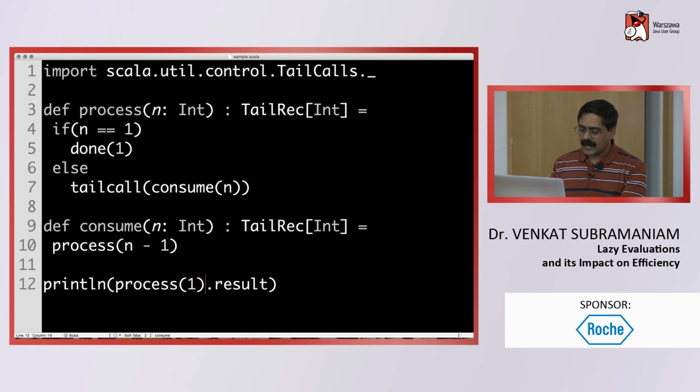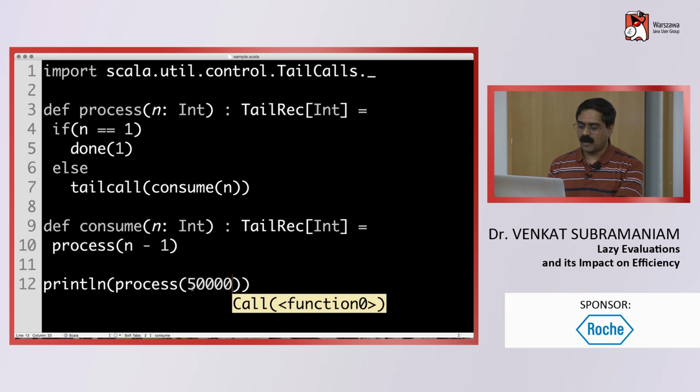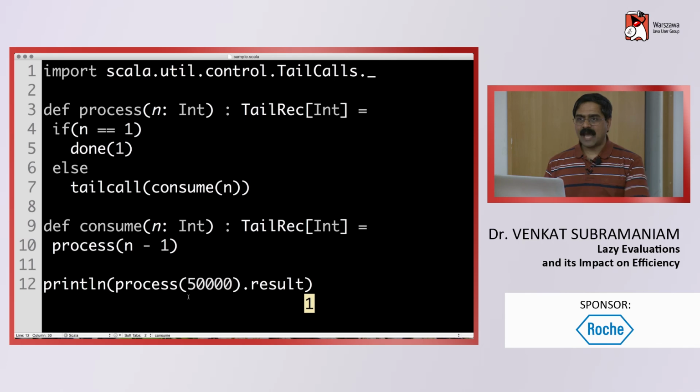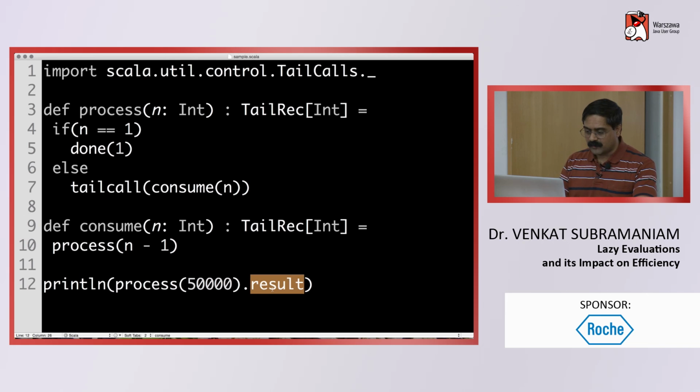Likewise, when you go back here and say 50,000, whatever that you wanted to call, and I say dot result over here, you can see it snaps back with the result very quickly. So that shows you how it can evaluate it on demand. That result is a terminal function that triggers the computation and gives you the result of it.